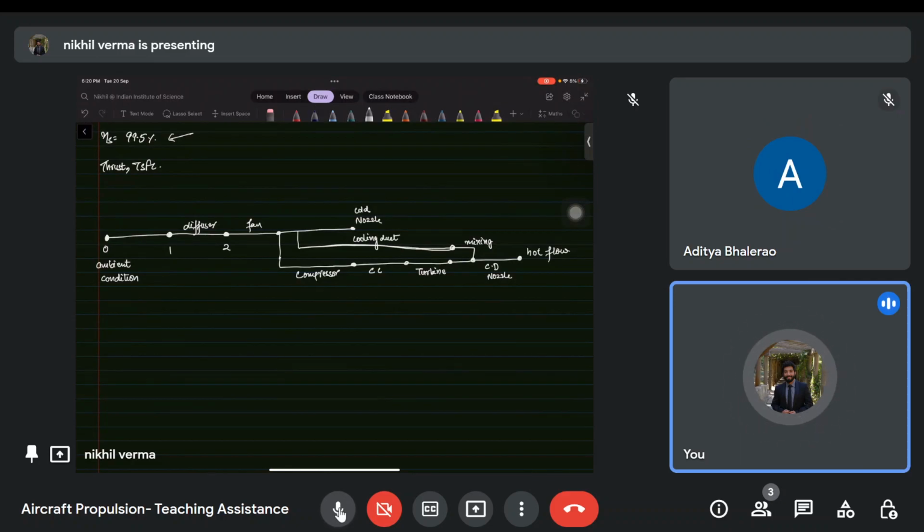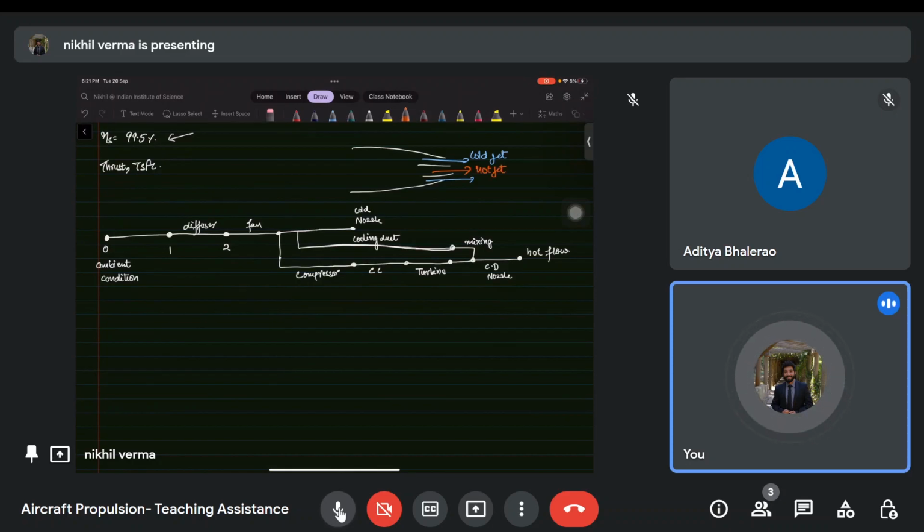So you have this engine, and the inner part is giving you hot air, and the surrounding annular part is giving you the cold, right? Cold jet. This is the hot jet.